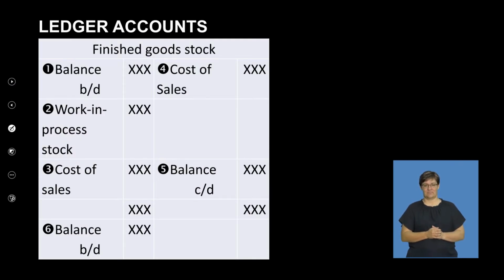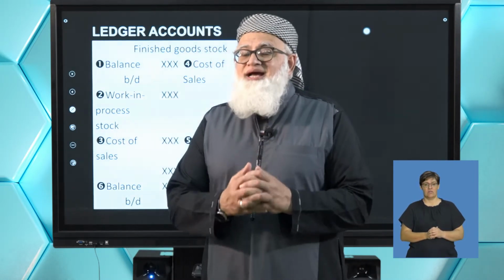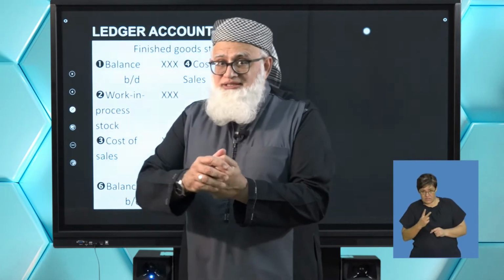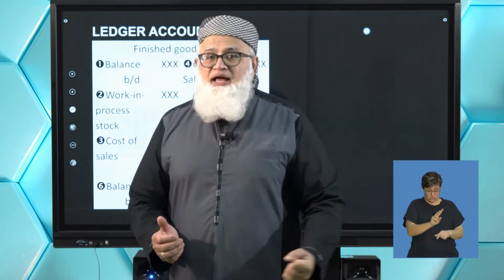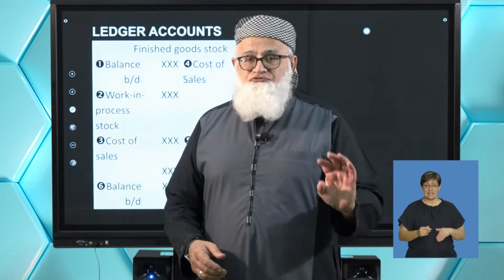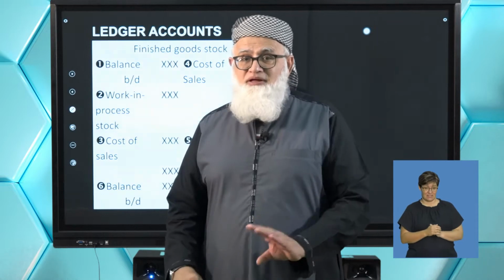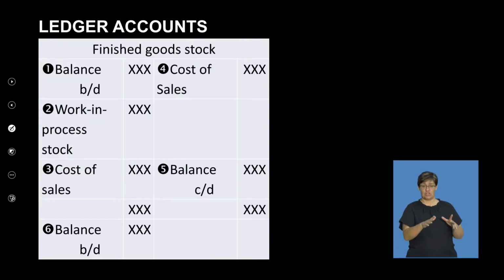Now, if you recall from our previous lessons on the ledger accounts, when we completed our work in process account, we transferred the goods that were completely manufactured from the work in process account into my finished goods account. My contra entry for that would be a debit to finished goods and a credit to work in process. Now, in your finished goods account, you see that entry.